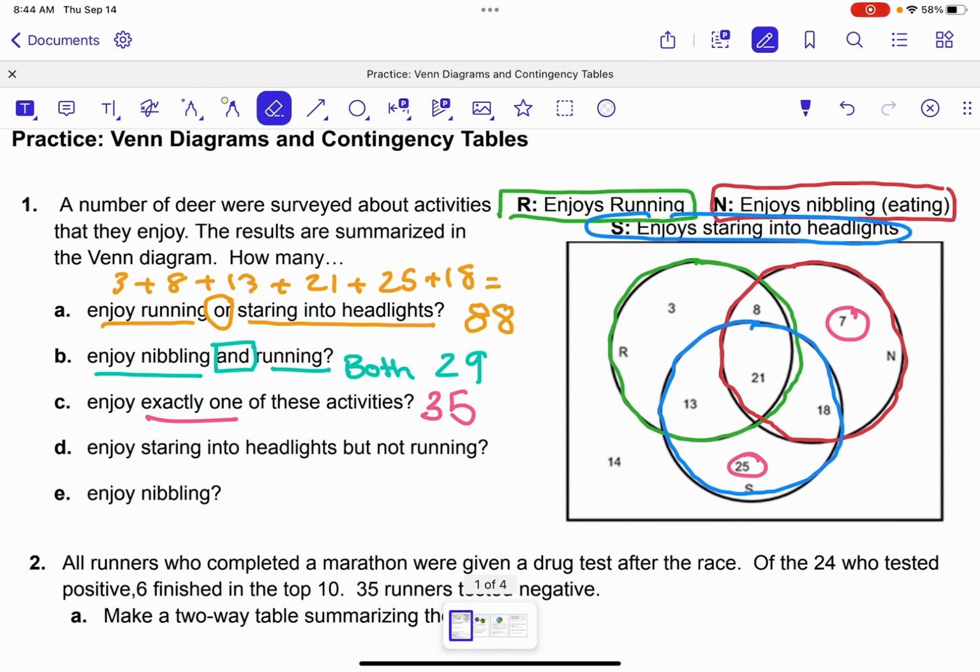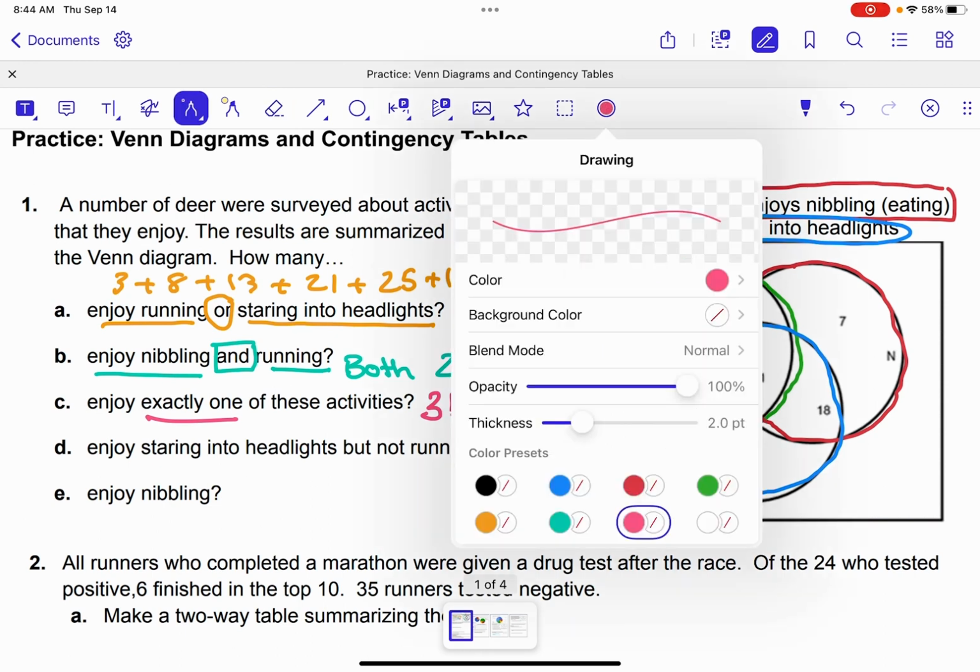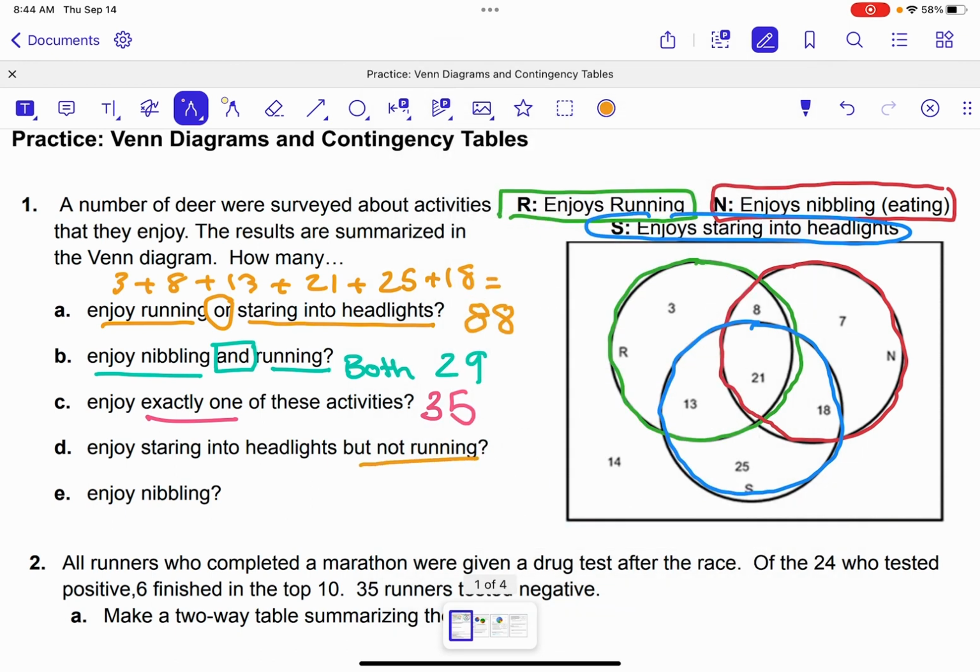Okay, the next question is saying enjoys staring into headlights, but not running. So the not running part tells me that we're gonna sort of cut that part of the circle out. So we're gonna ignore the running, but we have everything else in the staring into headlights.